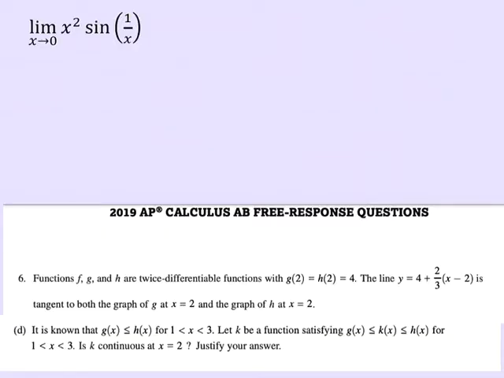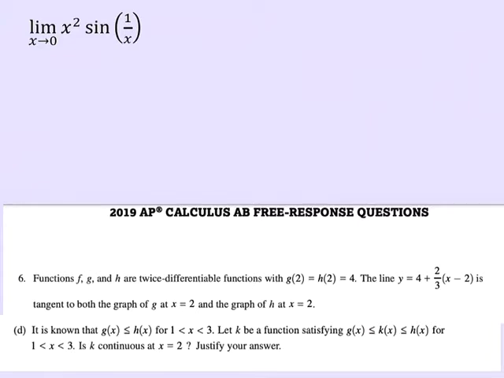First, I'll show you an example, and then I'll show you why we actually use it today. We'll just look at this top one here: the limit of x squared times the sine of 1 over x as x approaches 0. So what we're going to do is take the sine of any number.